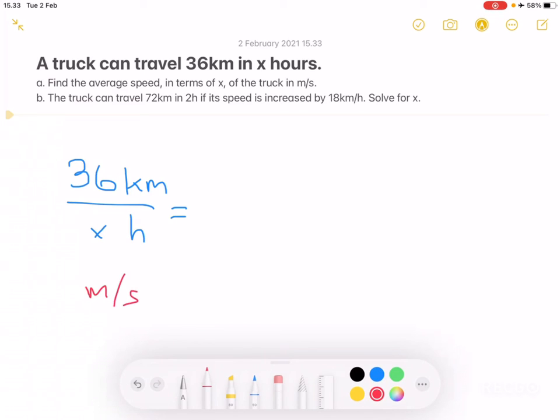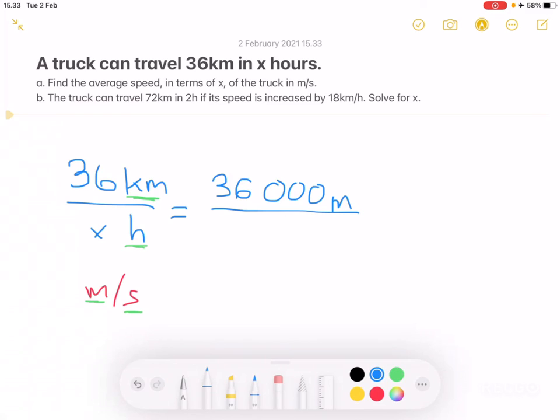So first you're going to look at the distance units first and ask yourself, how many meters is 36 kilometers? So you can just say that this is just 36,000 meters because I just multiplied that by 1,000. You can just do the same with x hours right here and ask yourself, how many seconds is x hours?